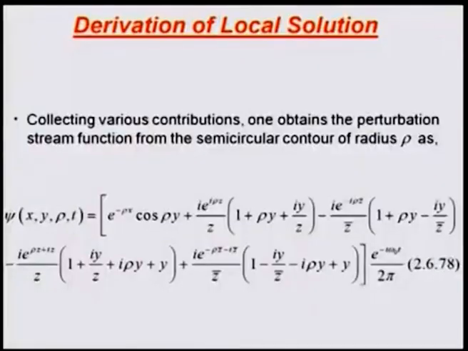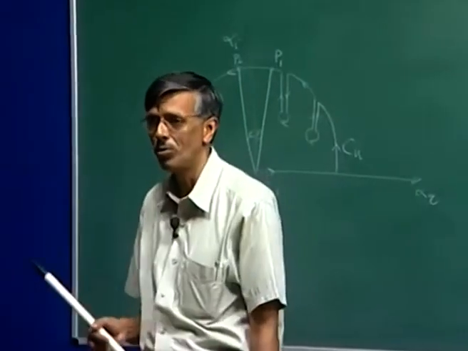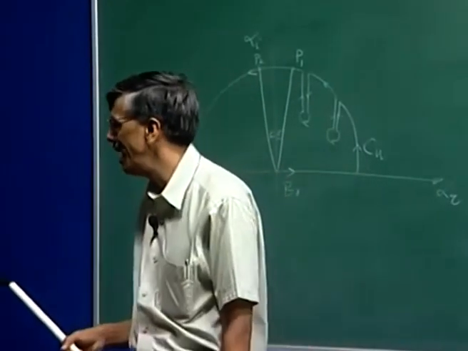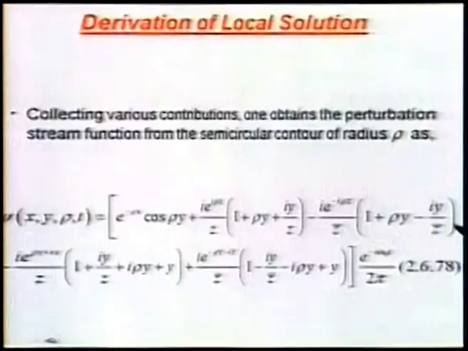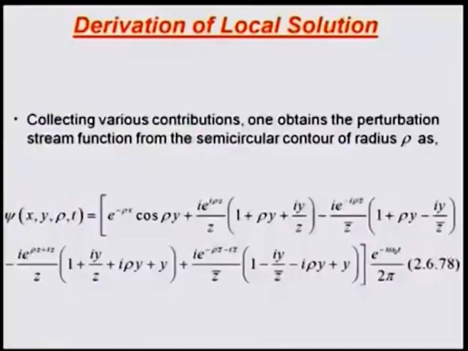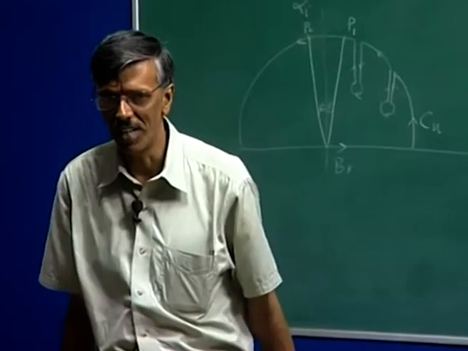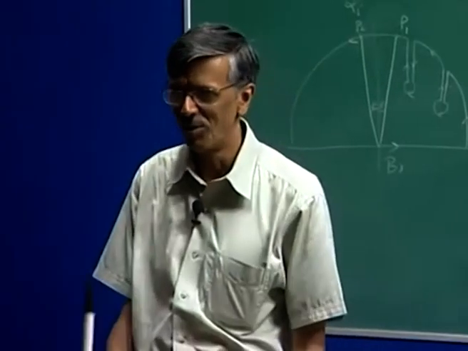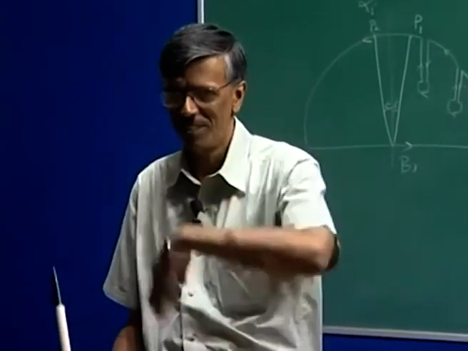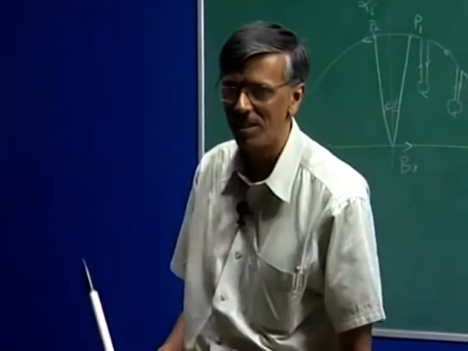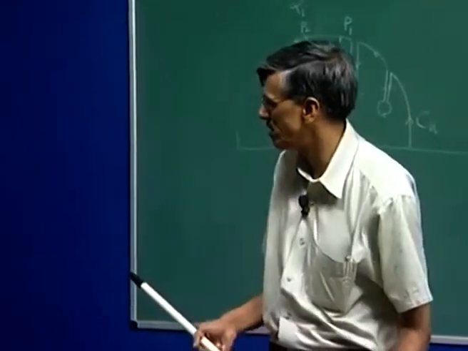We have to remember that we are looking at the specific case when rho goes to infinity, right? And this function, of course, if you try to code it and plot it, will look horrendous because it will show fantastically fast varying phases.